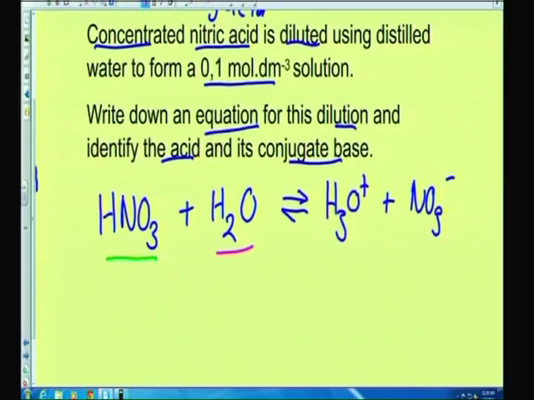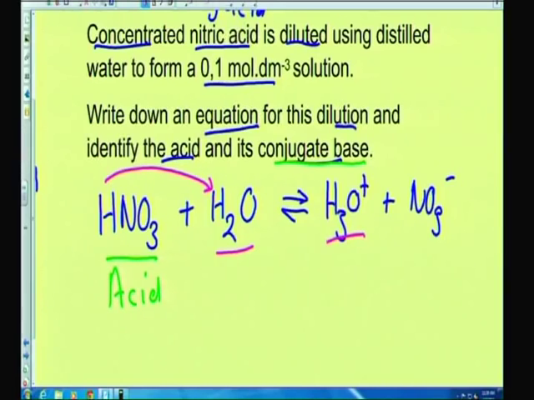Looking at this, I see that the water has accepted a hydrogen ion because the water has become H3O+. So that means that this must be the acid. We were told it's nitric acid, so that makes sense.